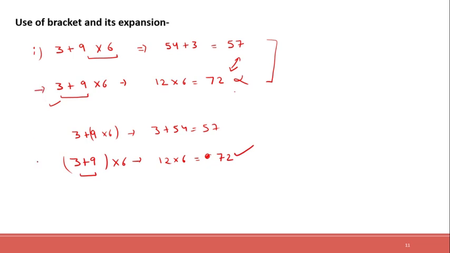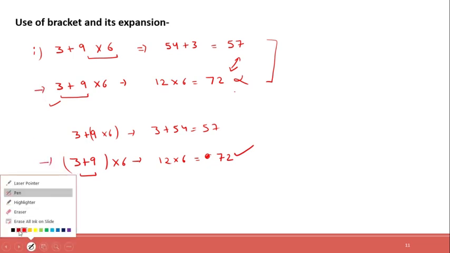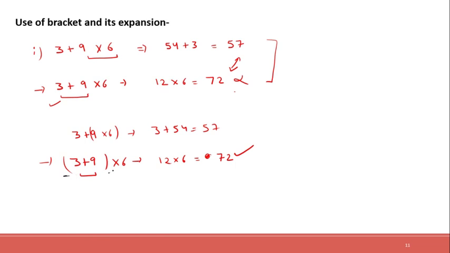Notice the difference here and here. What is the difference? The difference is of a bracket. This bracket shows that we should first calculate what is inside the bracket. So here, if I first add it, then it became 12, and if I multiply it with 6, that means it is 72. What else this bracket implies is that this 6, which is in multiplication with this bracket, will be multiplied to each of the numbers in this bracket.